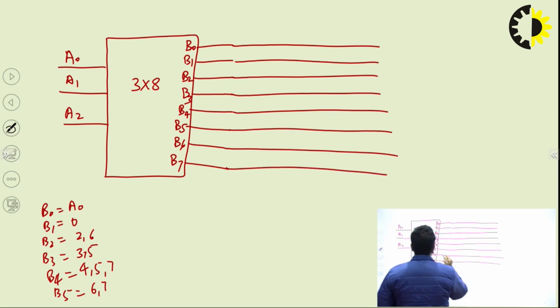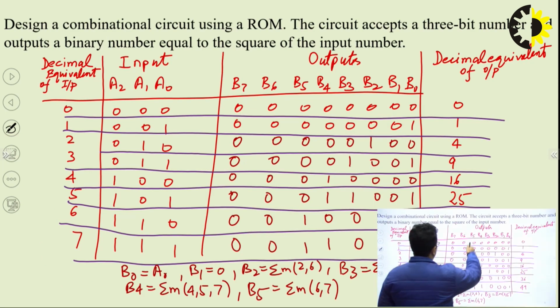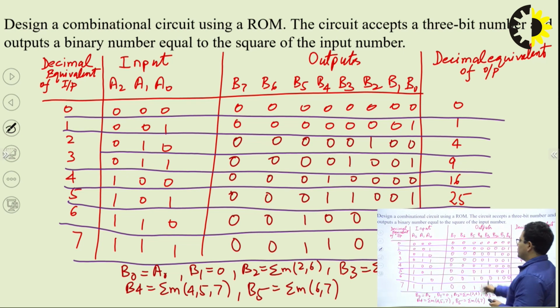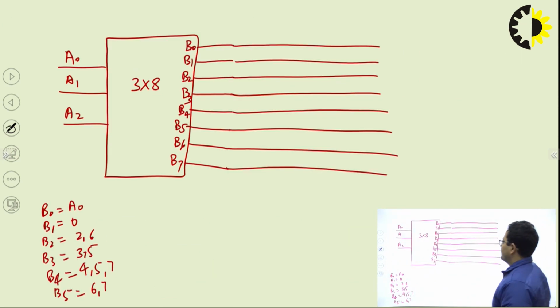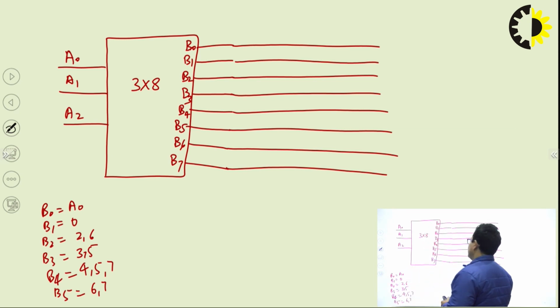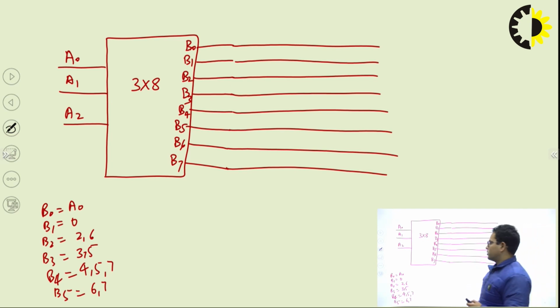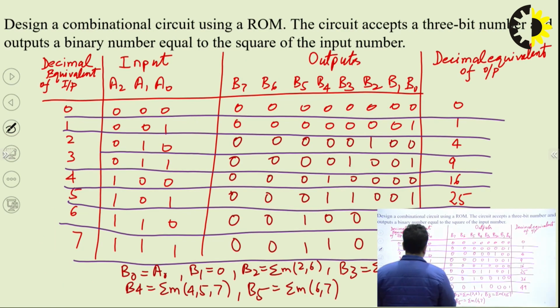Although you are getting these outputs, with the help of only 6 outputs, you can realize this circuitry. So there is no need to take this B6 and B7 line in order to implement it by using the ROM. So let us first implement it.